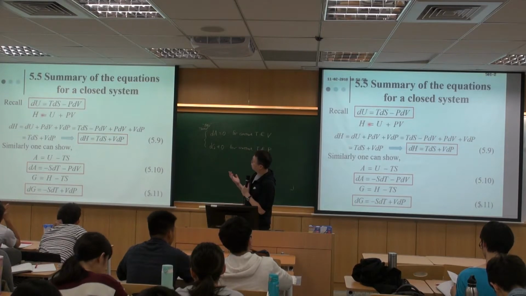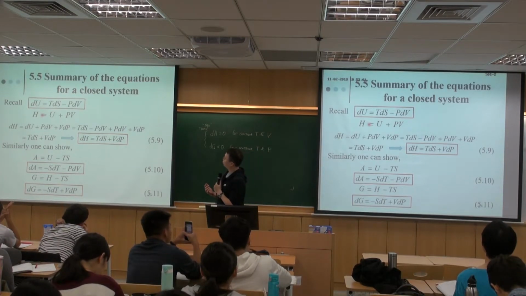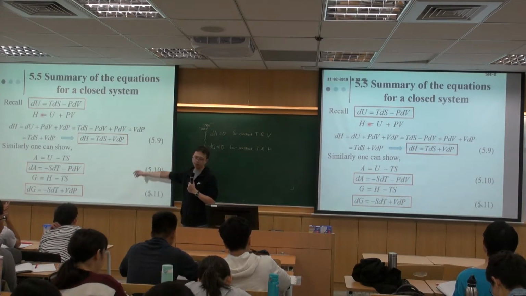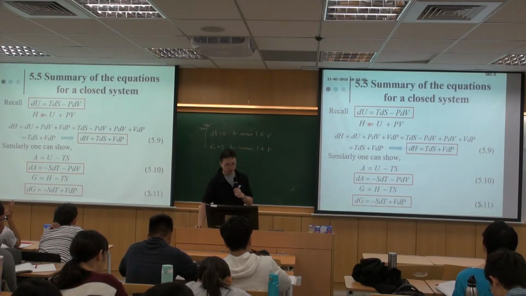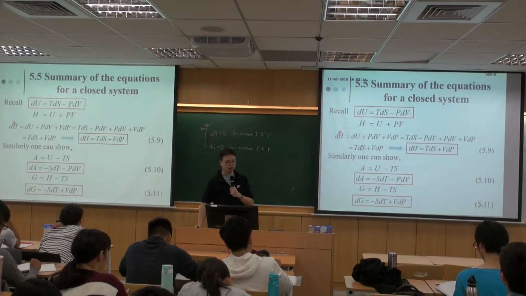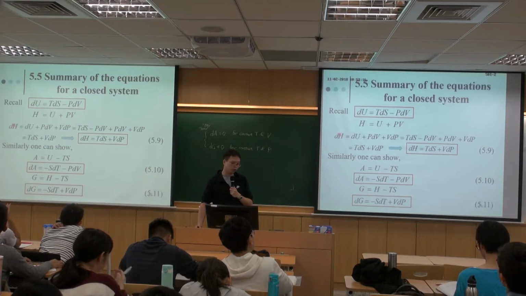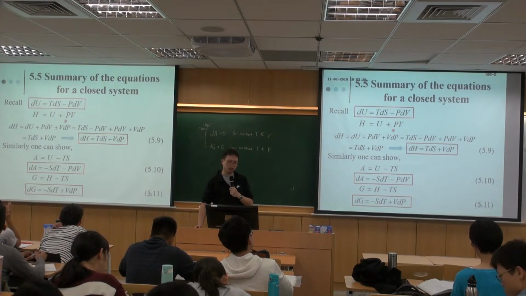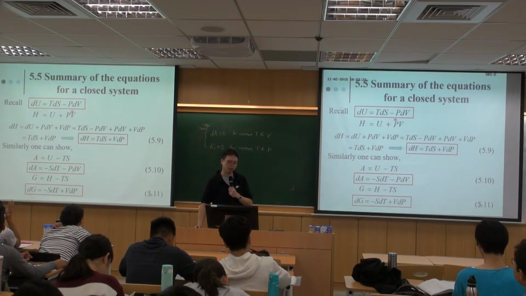And since the enthalpy is U plus PV, dH can further be expressed as TdS plus VdP. And the derivation is fairly straightforward. Okay? You start from the definition, and you use this perfect differential. And dH is, of course, dU plus d of this whole thing, PV.